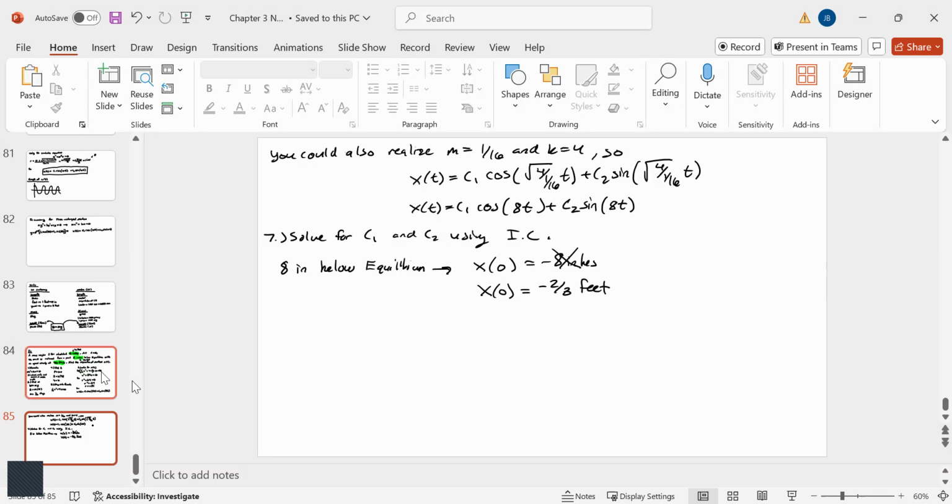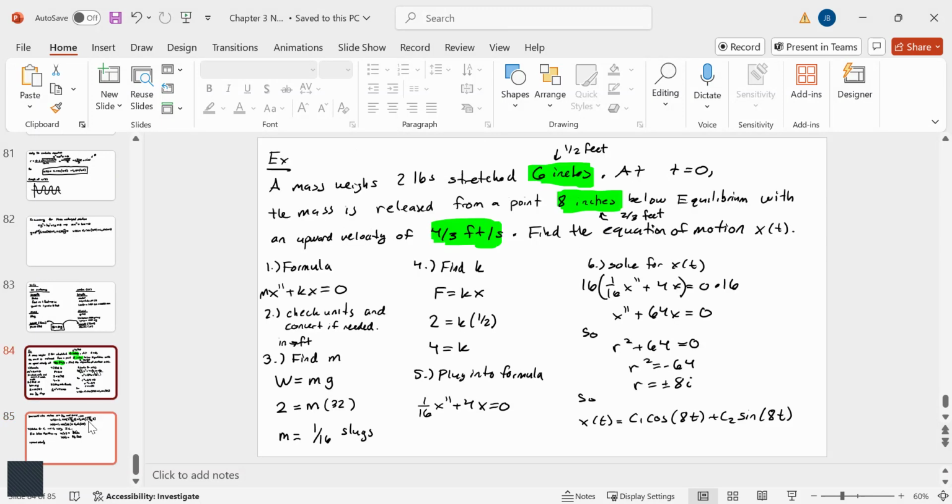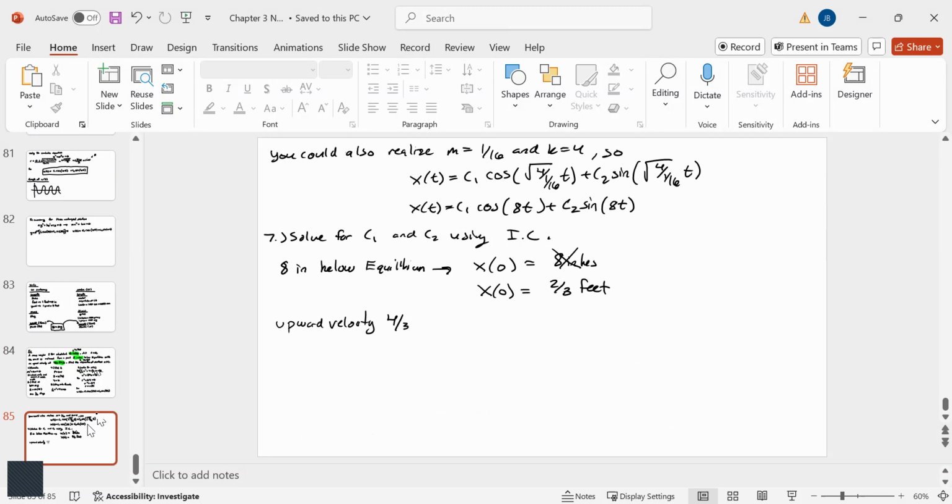And then we say upwards velocity. That's negative, not positive. What was that, 4/3? And so that means x prime of 0 is equal to negative 4/3 feet per second. Now, if you're wondering why is below positive?